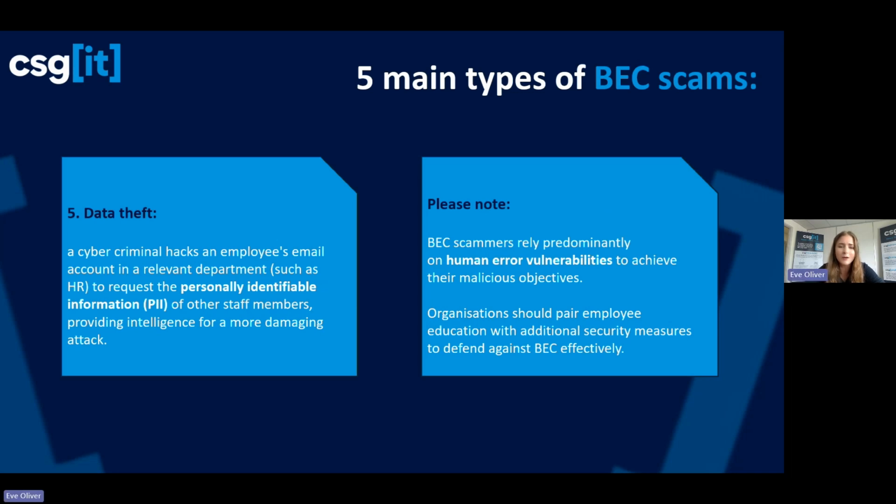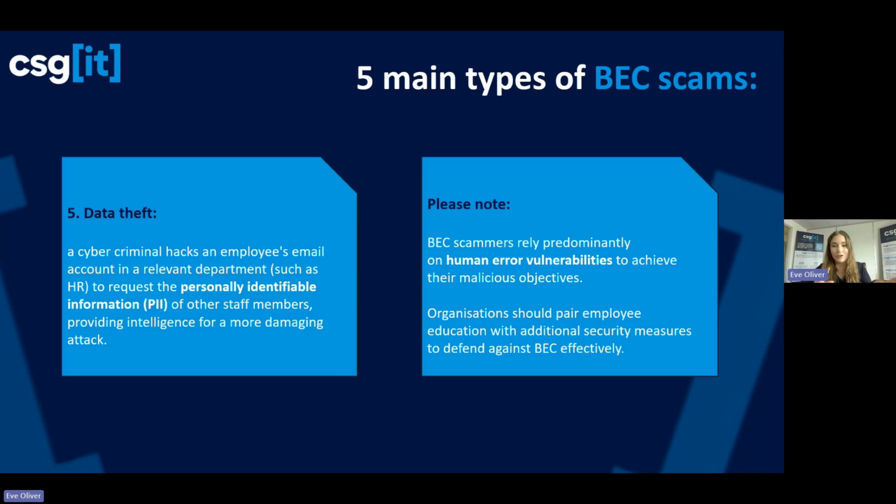The last one before we move on is data theft, where cybercriminals hack the employee's email account in a relevant department, such as HR, requesting that information. So BEC scammers are always targeting and looking at human error vulnerabilities to achieve these. If you post on LinkedIn, everyone knows where you're working, they know a little bit about you.